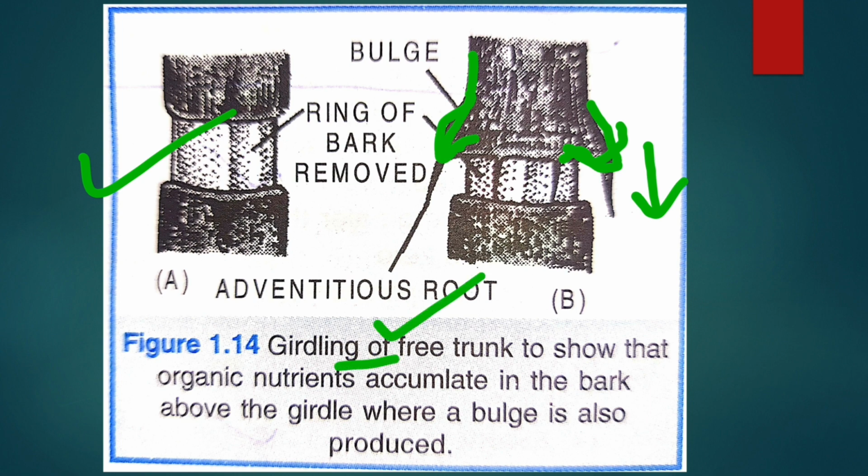So it is the girdling experiment of a tree trunk, so that organic nutrient accumulates in the bark above the girdle where bulge is also produced, because below it the food particle cannot move due to the absence of phloem.